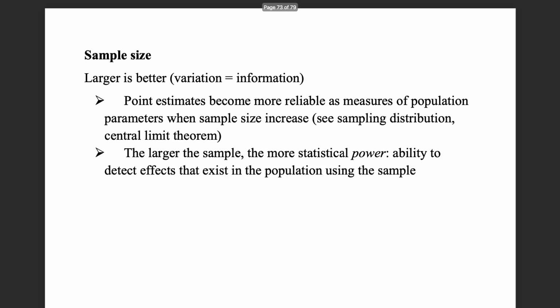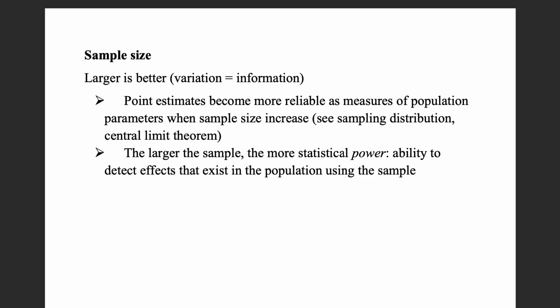And that also implies that the larger our sample is, the more statistical power we have. And statistical power basically refers to our ability to actually find an effect that actually exists in the population. So we only observe a sample, and we do not want to find effects in our sample and say that they are true effects if there is no effect in the population. But at the same time, we also do want our sample to show us that there are effects if there are in fact effects in the population.